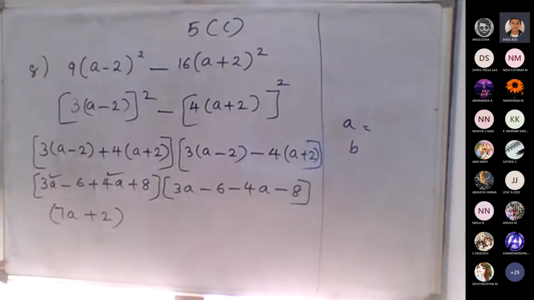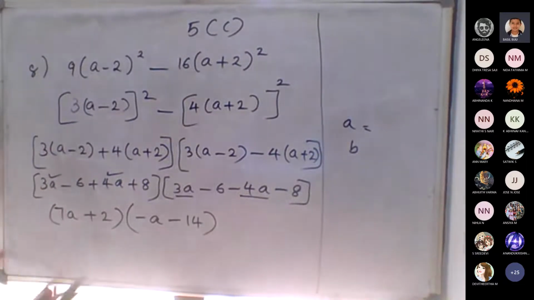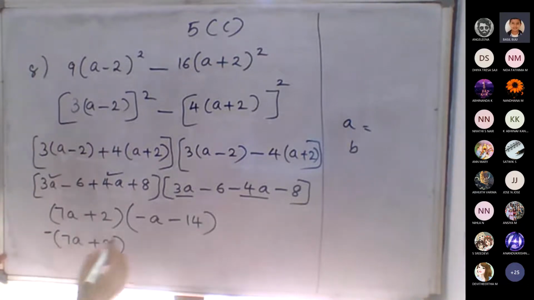All got that? 7a plus 2. Here 3a minus 4a is negative a, and negative 14. If we take one negative common outside, we can write negative of 7a plus 2 into a plus 14.